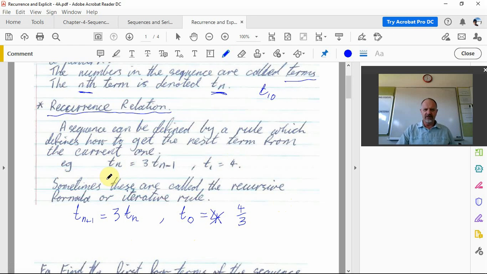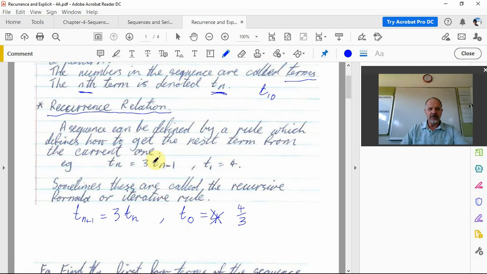The reason that I've got this one up here is because that's what your textbook uses, but sometimes people write it like this. When we get to a question, I'll show you where we can do this on the calculator as well, and the calculator uses this kind of way of describing things.